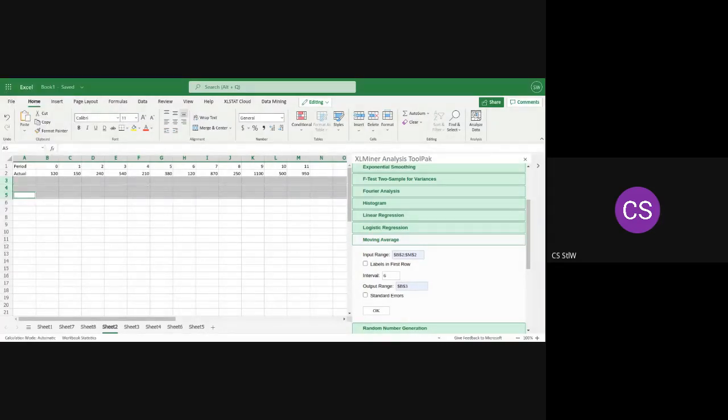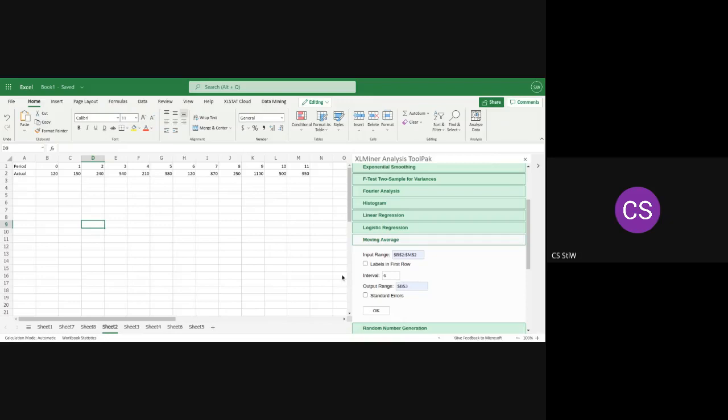Now I'm going to display in B2, B3. I have checked out the labels and the standard errors. So our interval is 6. You can see how it is looking. Let us plot this and see how different this will be.